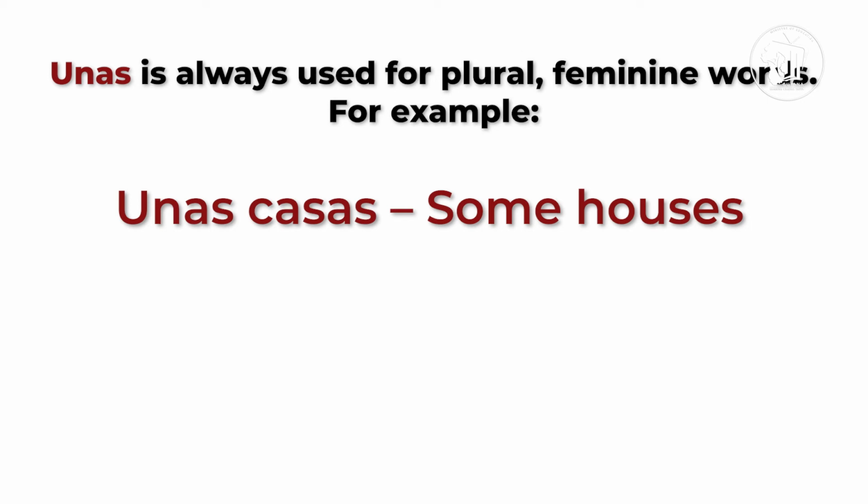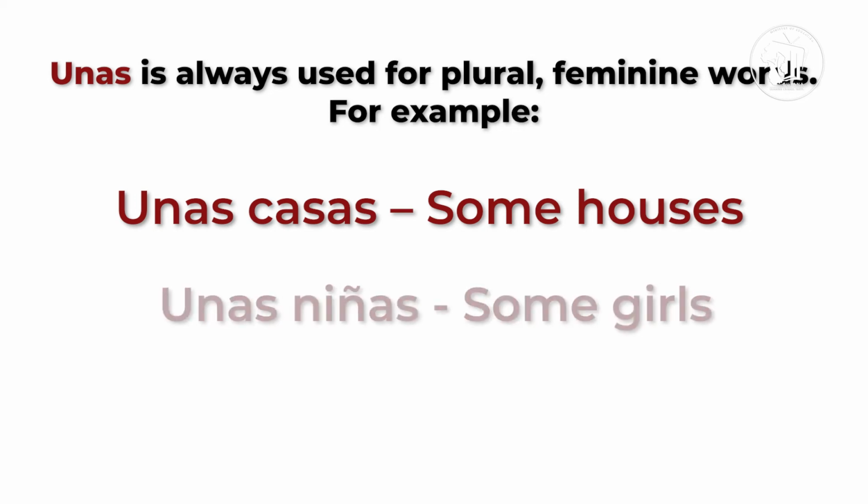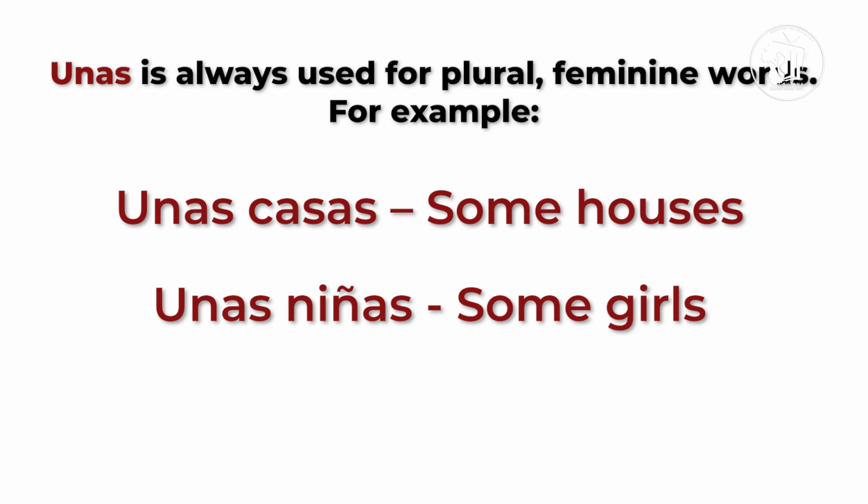And because the word casas ends in as, we know it's a plural word. Plural feminine word. So we say unas casas. Unas niñas. If we were to say una niña, we're referring to one girl. That is singular feminine. In this case, we are saying unas niñas. That means it's more than one. So it's some girls.